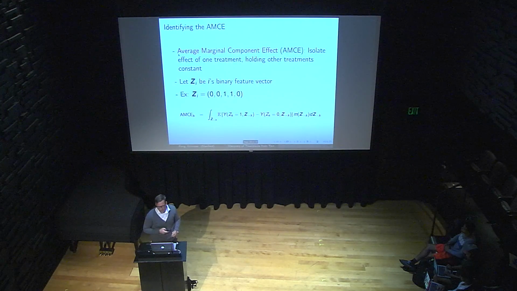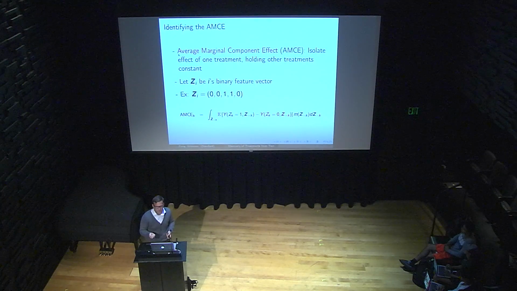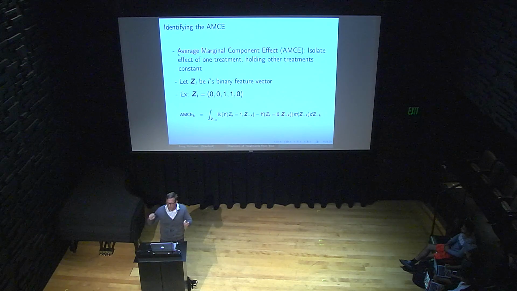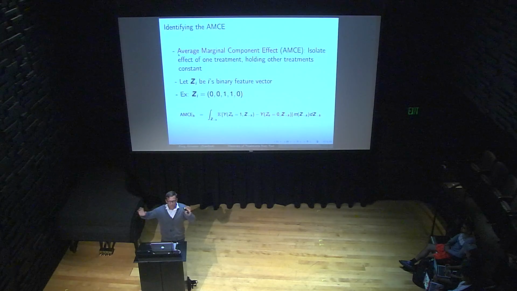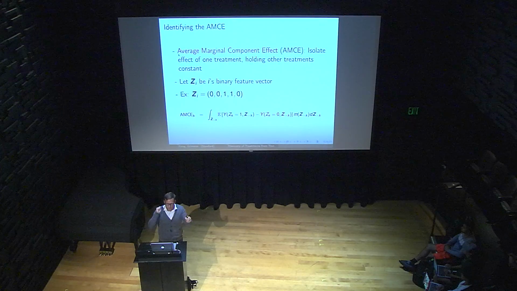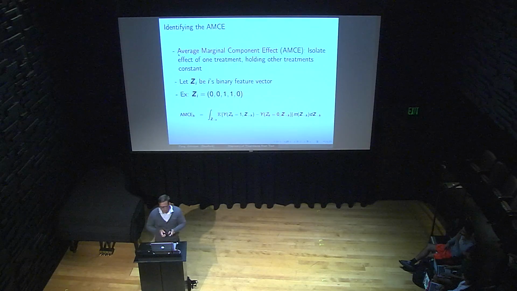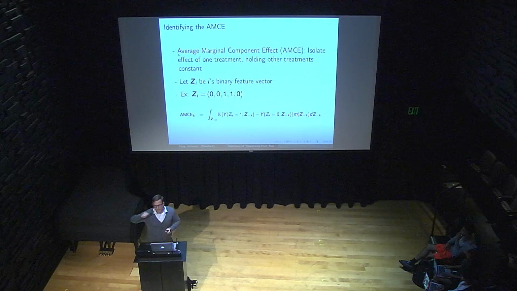Then we subtract off the response of the individual when this component is set equal to 0, and all the other features are set to z naught k. Notice we've just set the other features to this other value, z naught k. Those are just some combination of zeros and ones. We just say it's something. We're comparing the response of the individual when k is equal to 1 and k is equal to 0. We are then averaging over a distribution of these z naught k's.